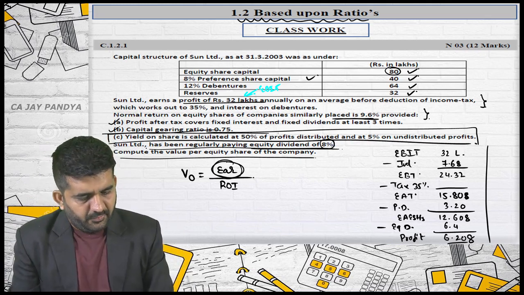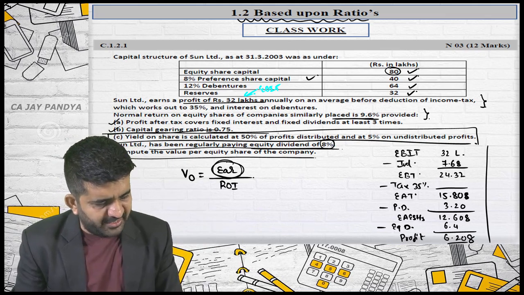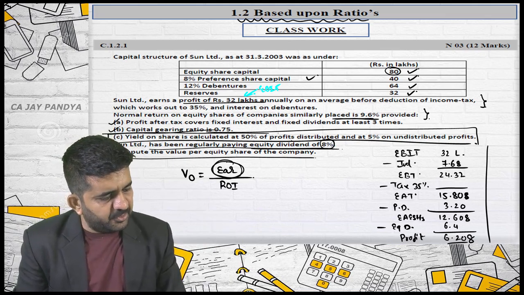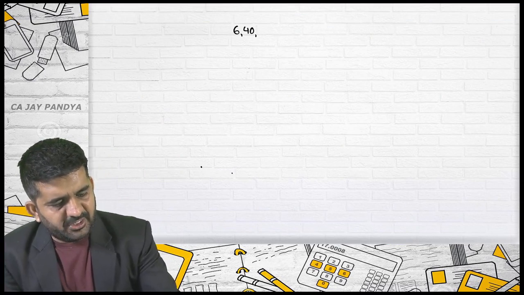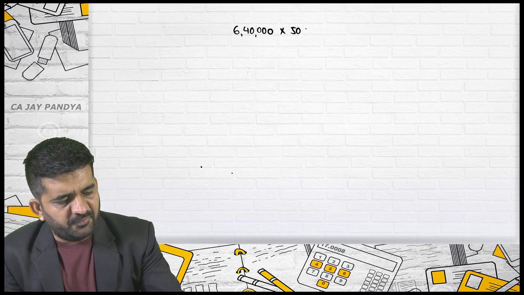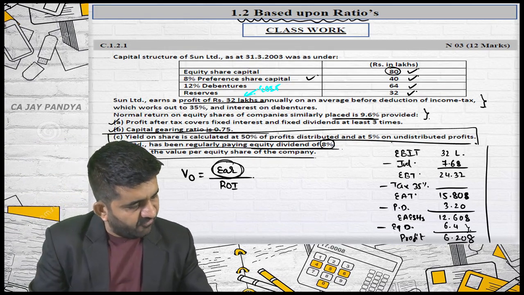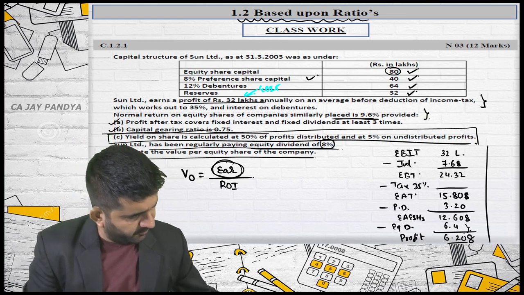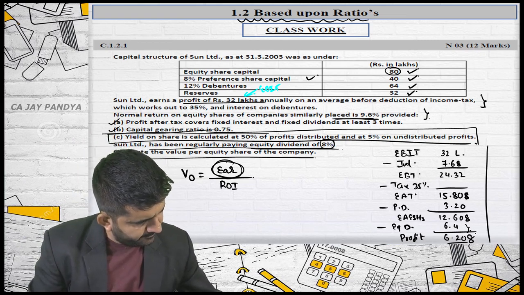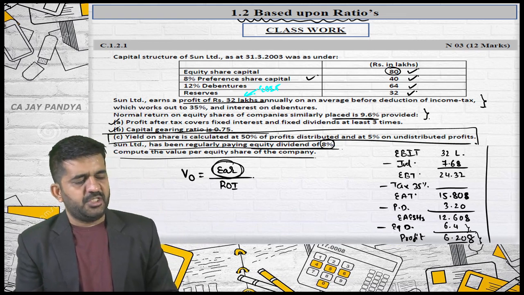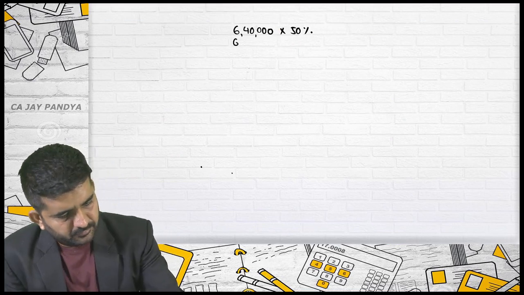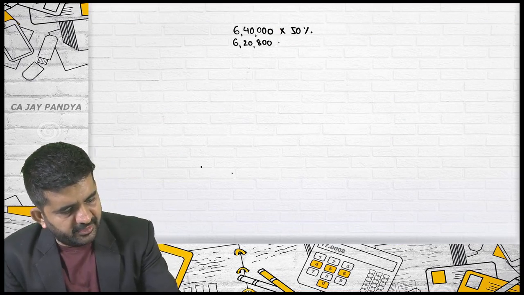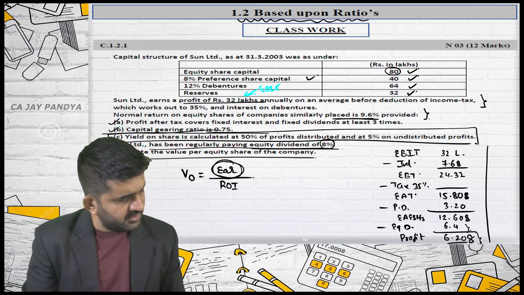But in this question, I will be taking this. I am finding out yield on share is calculated at 50% of profit distributed. So what is distributed profit? 6.4 lakhs. Is it alright? So 6,40,000 into 50%. And 5% on undistributed profit. So what is undistributed profit? 6.208, that is 6,20,800 rupees. 5% of this.